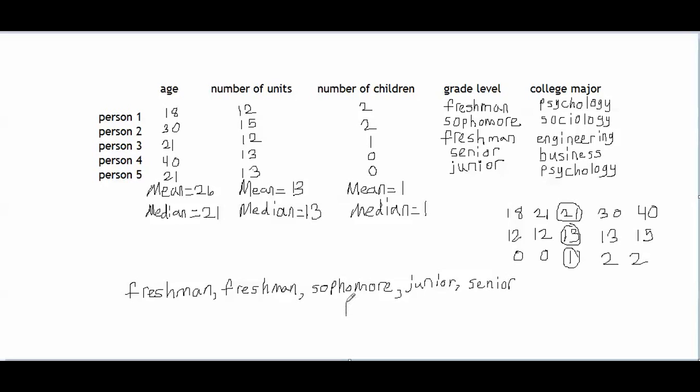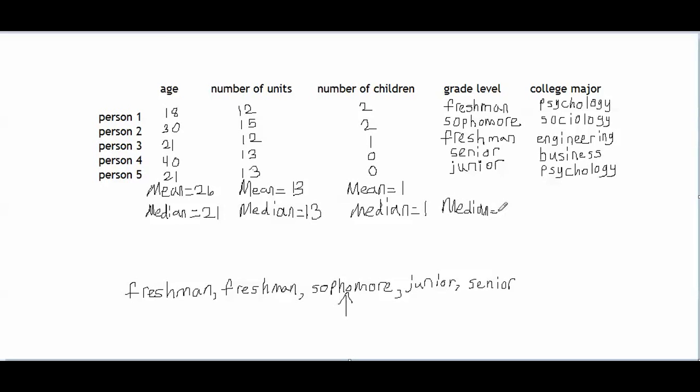The median is sophomore because that's the middle data value when the data values are in order from lowest to highest. Right now I'm writing that the median equals sophomore. Up here I'll say that there was no mean.